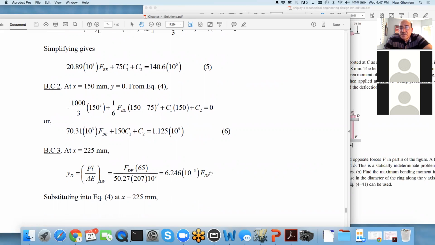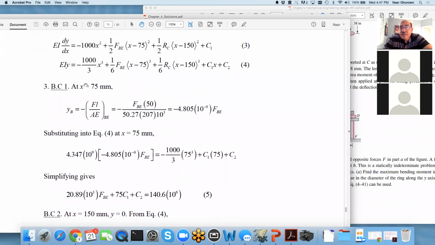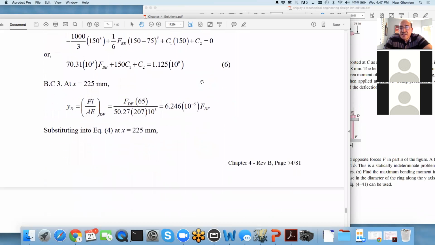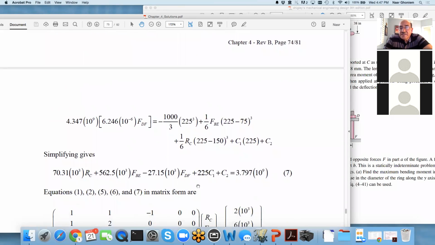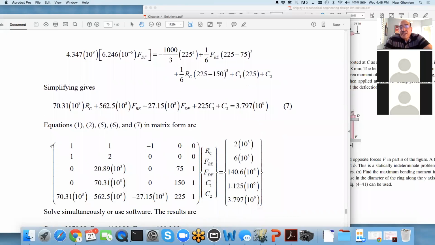When I put this relationship in the general deflection equation 4, I generate the last of the set of equations, and that is in 7 here. So you can see now I have 5 equations and 5 unknowns, a very lengthy process, and I can now solve them using a matrix solution.